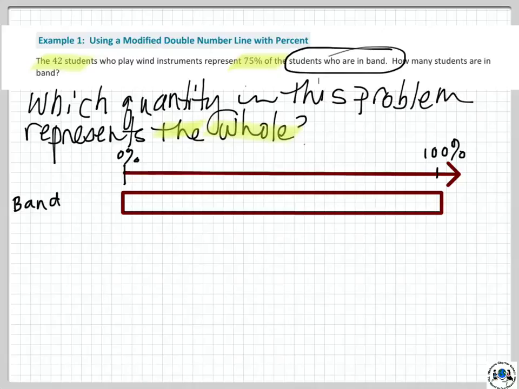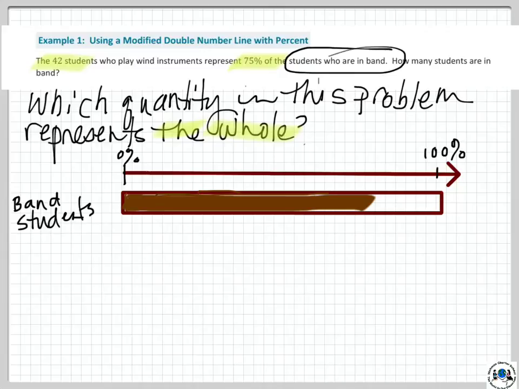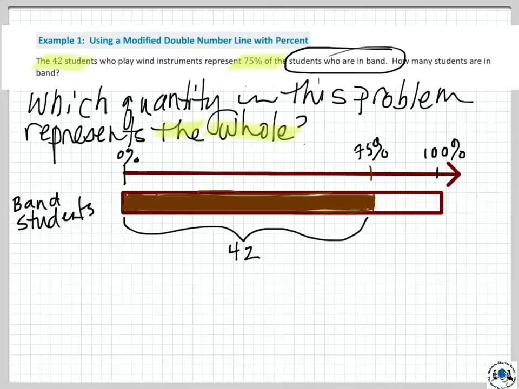All right, so here we go. Here's how it's modified a bit. We haven't actually looked at it this way before, with a bit of a bar on the bottom. The top remains a number line, with our percentage. The reason this makes sense is that this bottom section, the band students, represents a fixed number.